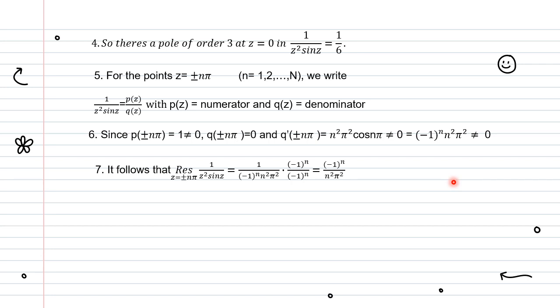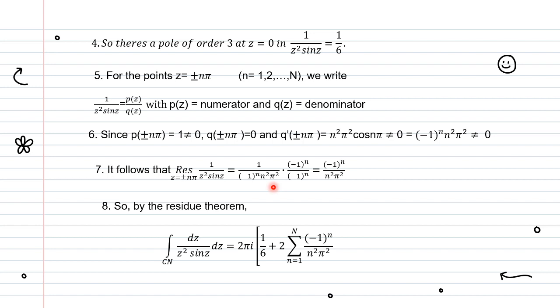So when we want to find the residue at that certain point, we just gotta do the following. We multiply by minus 1 elevated to n in the numerator and in the denominator, and we got this result in the end. So by the residue theorem, we got this.